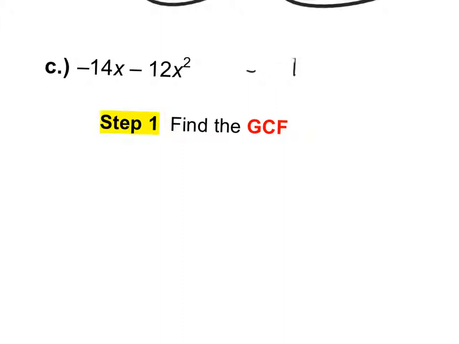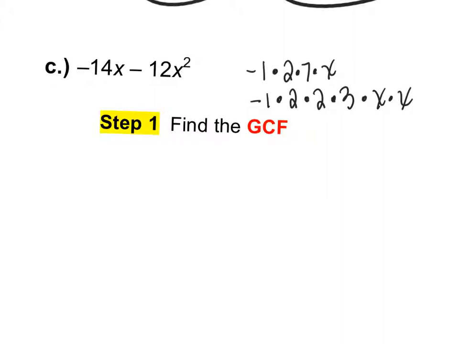So in reality, this is negative 1 times 2 times 7 times x. And then negative 12x squared is negative 1 times 2 times 2, that's 4, times 3, which is 12, and then 2 x's. The GCF is negative 1 times 2 and an x.